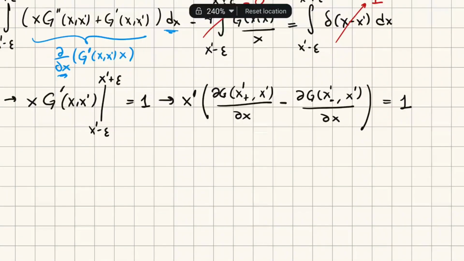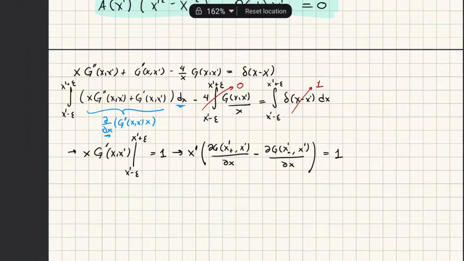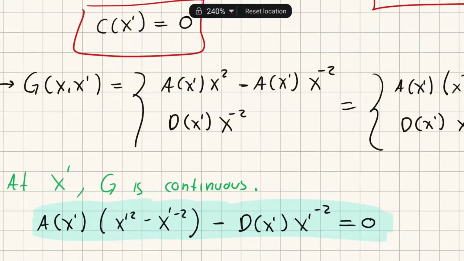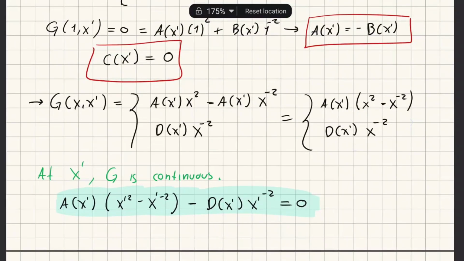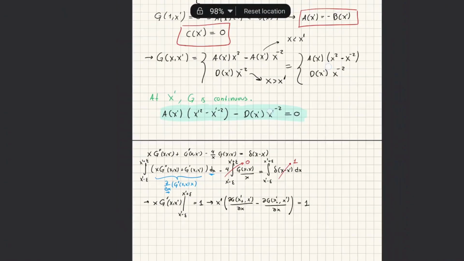Okay. And it is important to make this difference because the derivatives in this case are not equal, given that we defined the Green function to be different from the right of x prime and from the left of x prime. Recall that this definition is for x less than x prime, and this one is for x bigger than x prime. Okay, so when we calculate the derivative, we need to take this difference into consideration.